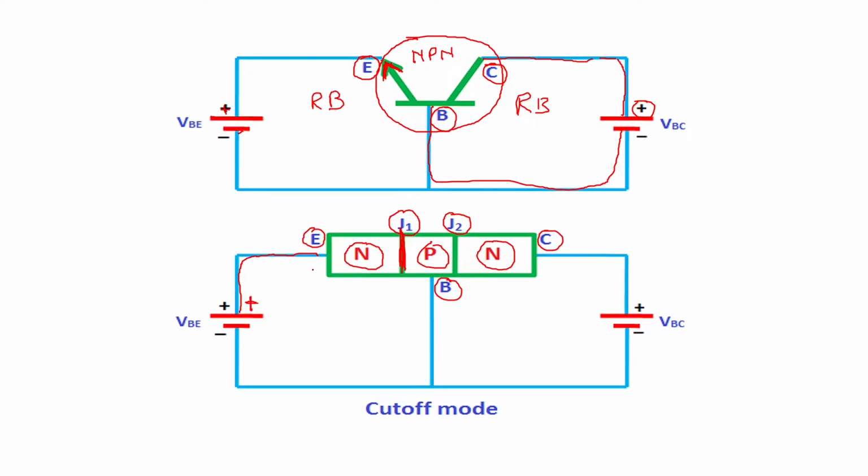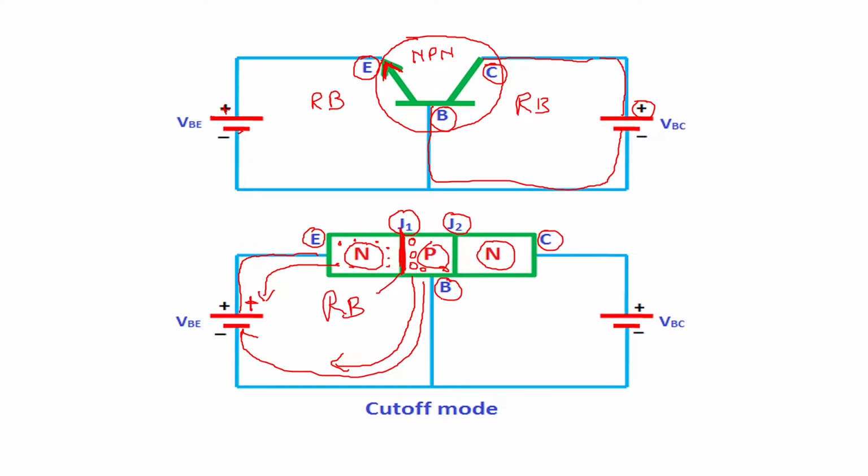That means this N type semiconductor, which has majority charge carriers as electrons, is connected to the positive terminal. That means electrons will be attracted to the positive terminal. And this P type base, which has holes, will be attracted toward the negative polarity. That means this junction J1 is in a reverse bias condition.